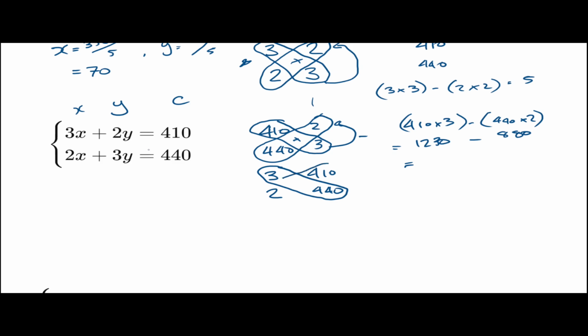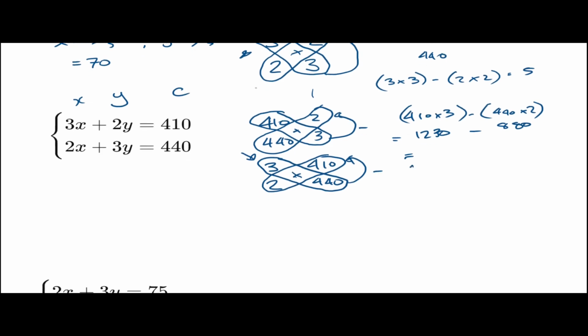Yes, that's going to work. Do that just to show that we're multiplying. Start from here, subtract. So our answer for this one is going to be 3 times 440 minus 410 times 2.